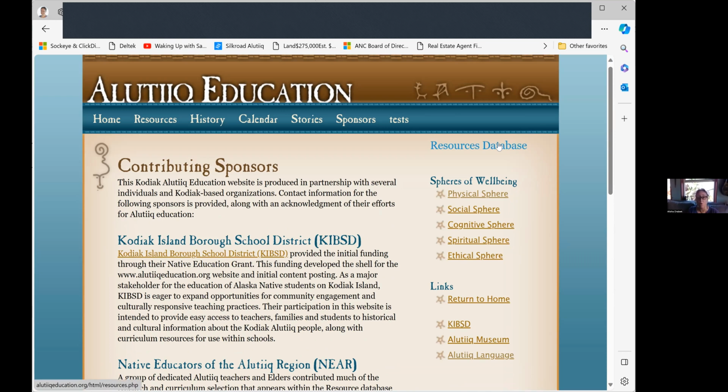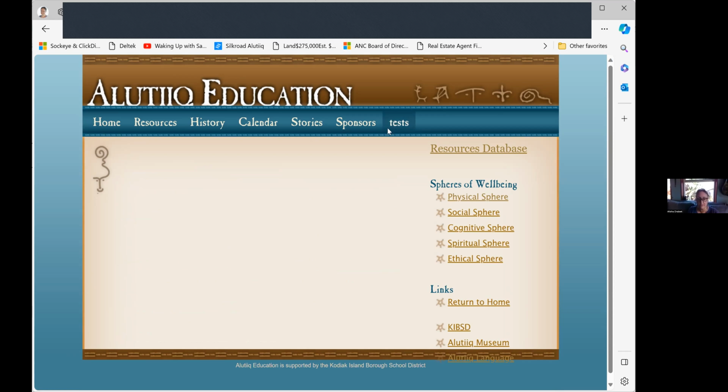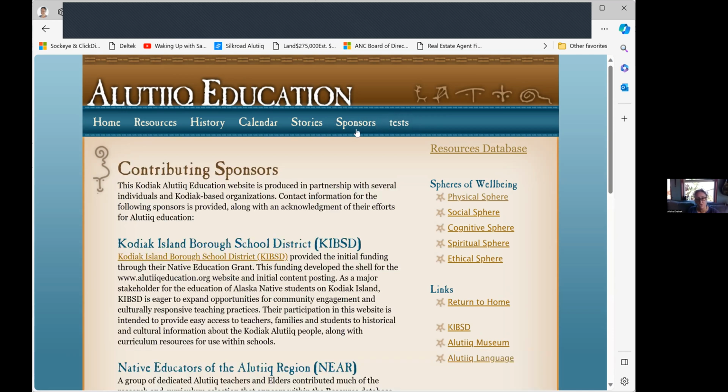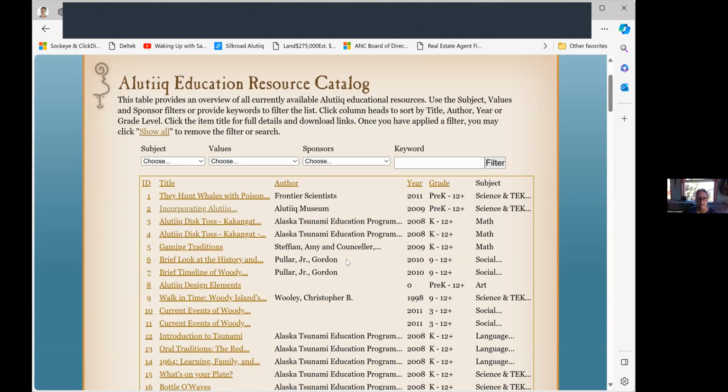I have not seen a whole lot added. Mostly it's like the Alutiiq 1 and 2 student projects I think have gotten added here. But that's the intent. And tests, I think the web developer was testing something and it just never got changed. So it's a work in progress, but the main point of it is this catalog.